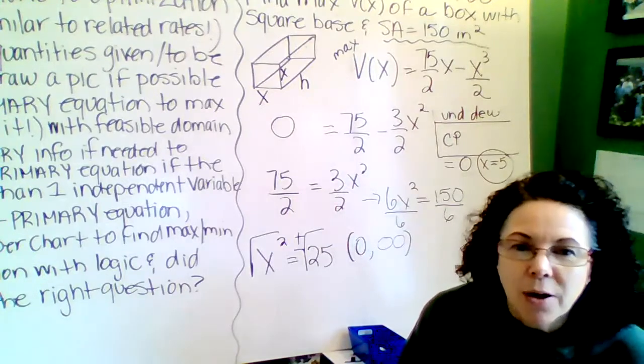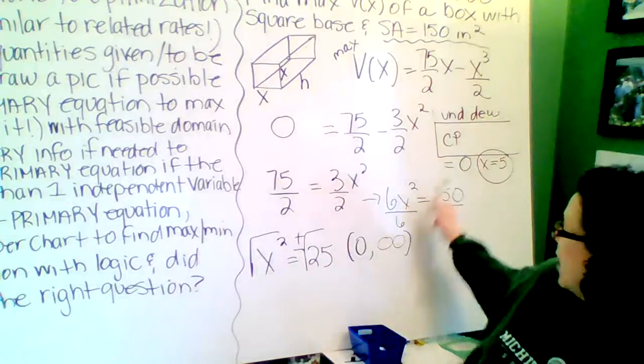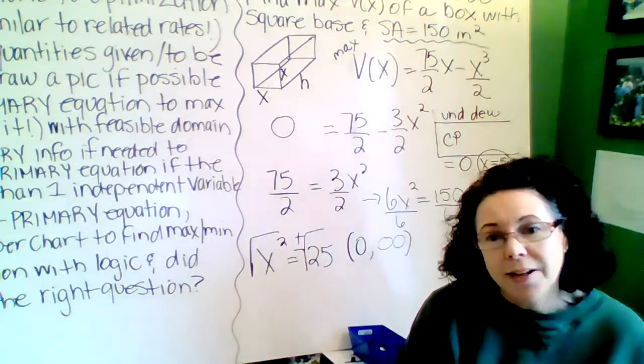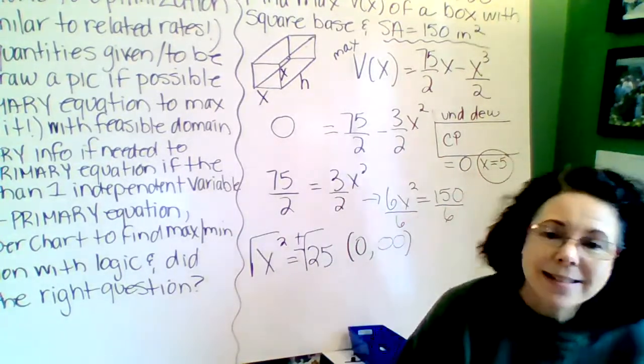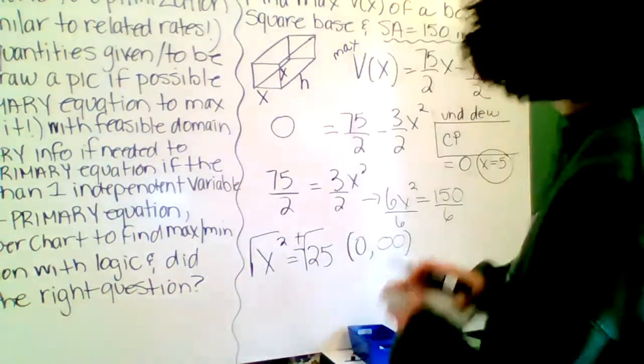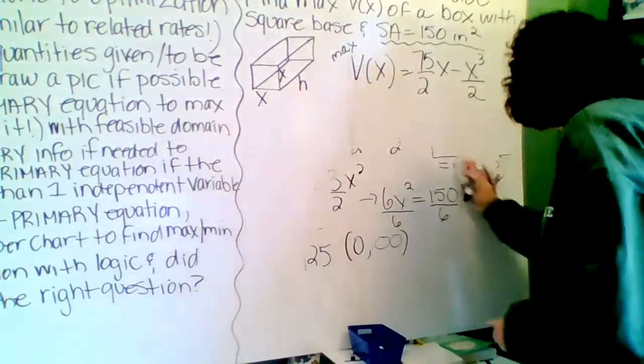All right. So let's go ahead, and I have my critical point of 5. I'm going to start my domain at 0, go to infinity. So let's go ahead and do that chart. We know x has got to be a maximum, but let's show that it is. Okay, so here's our first derivative chart.